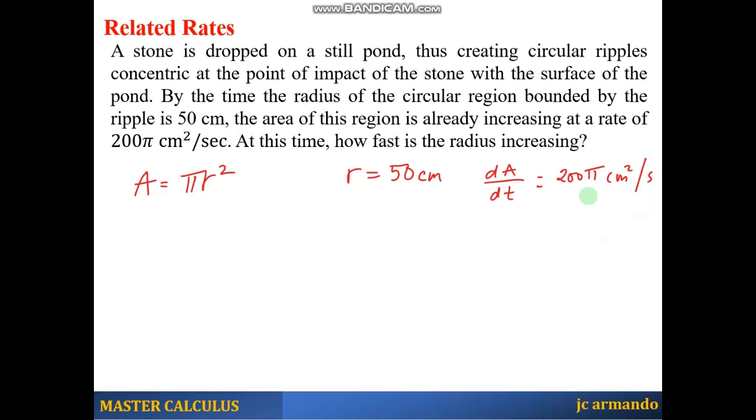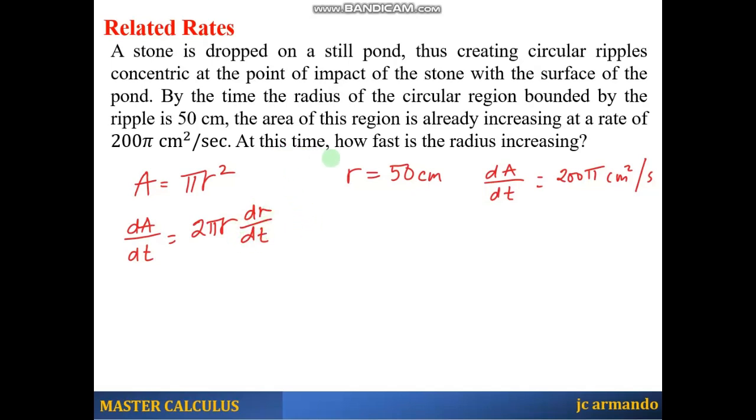Positive, so nag-increase, right? We just have to take the derivative of A equals pi r squared. That is dA over dt equals derivative of r squared is 2r. So 2 pi r dr dt.